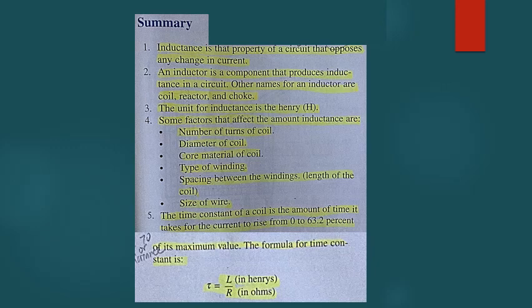The time constant of a coil is the amount of time it takes for the current to rise from 0 to 63.2% of its maximum value. The formula for time constant is shown on the bottom here as T equals inductance, or L in henries, divided by R, or resistance, in ohms.